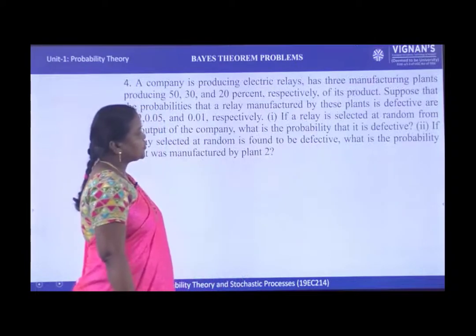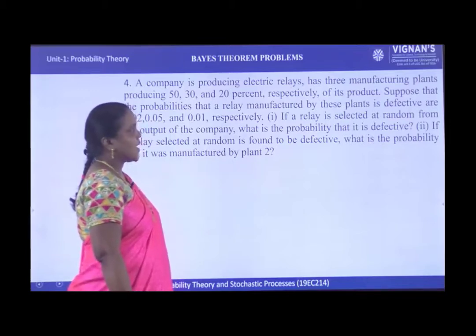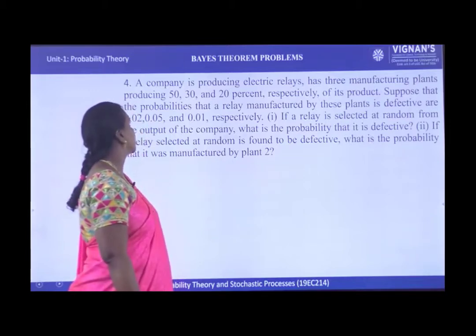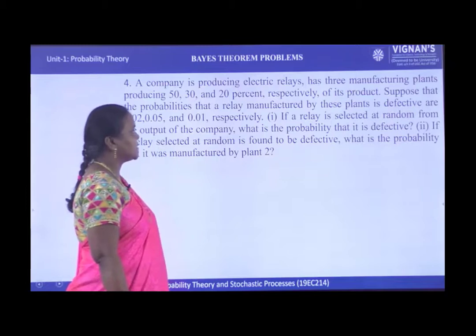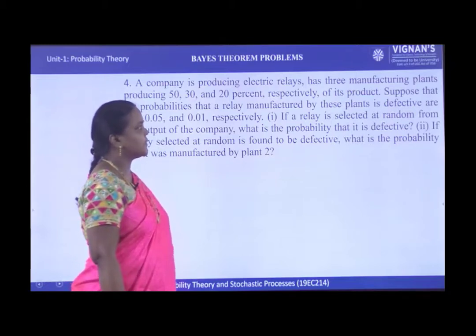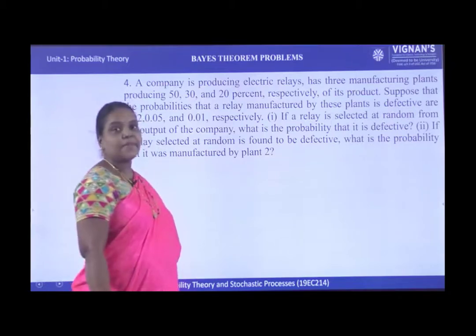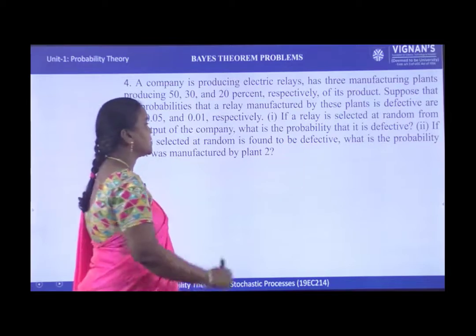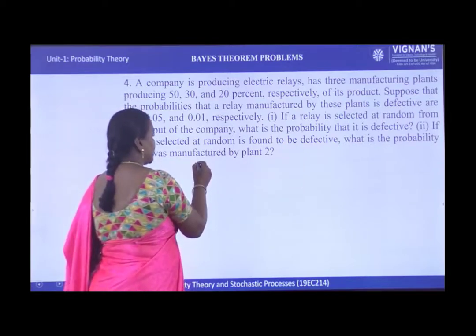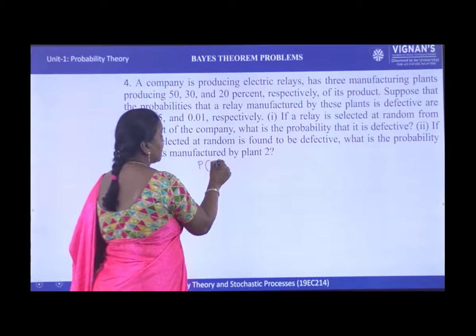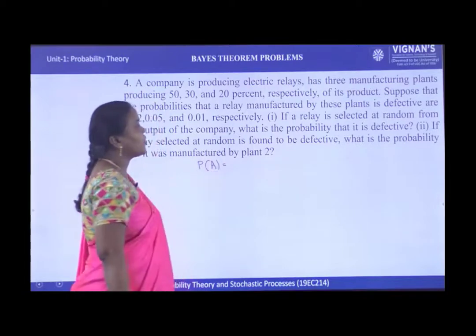A company is producing electric relays, has 3 manufacturing plants producing 50, 30 and 20% respectively. So the 3 manufacturing companies, let us assume A, B, C. What is the probability of selecting company A product?